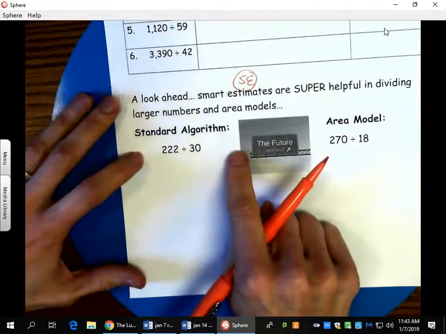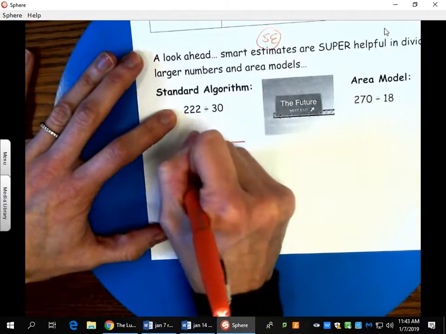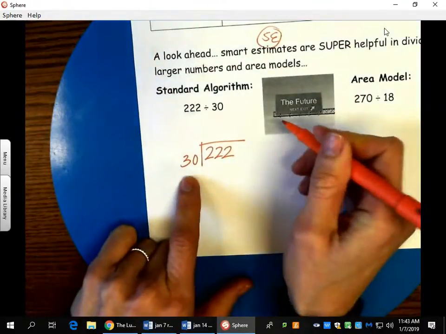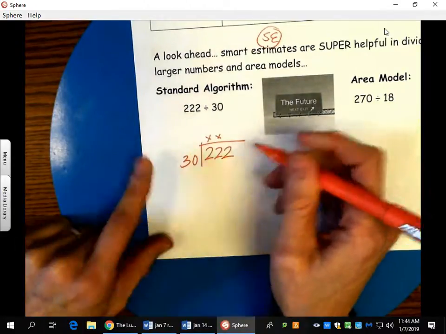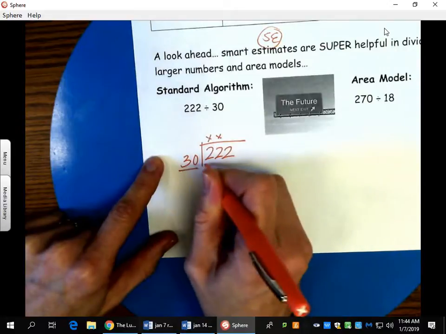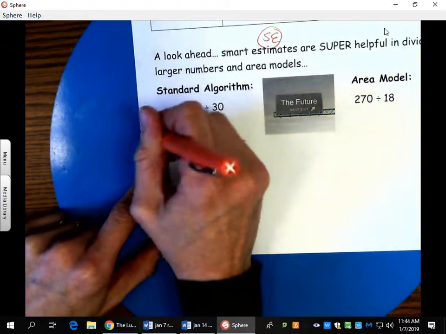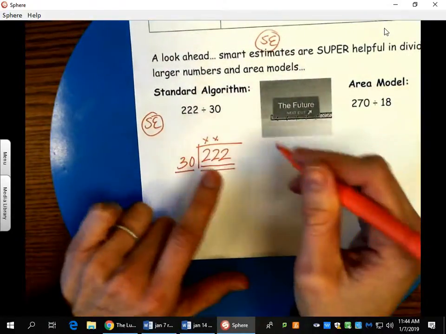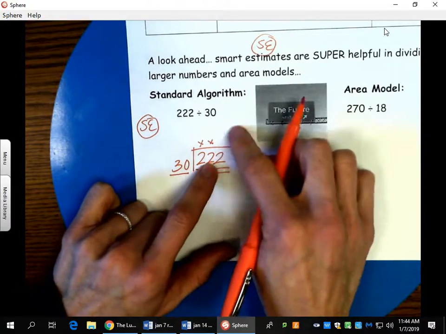Guys, smart estimates help a lot because when you have problems later like this, does 30 go into 2? No. Does it go into 22? No. Oh, are you kidding me? I have to see how many times 30 goes into all of that. If you made a smart estimate to start, then you have an idea of where to go with this. Otherwise, you're like, ugh, do I have to count up?